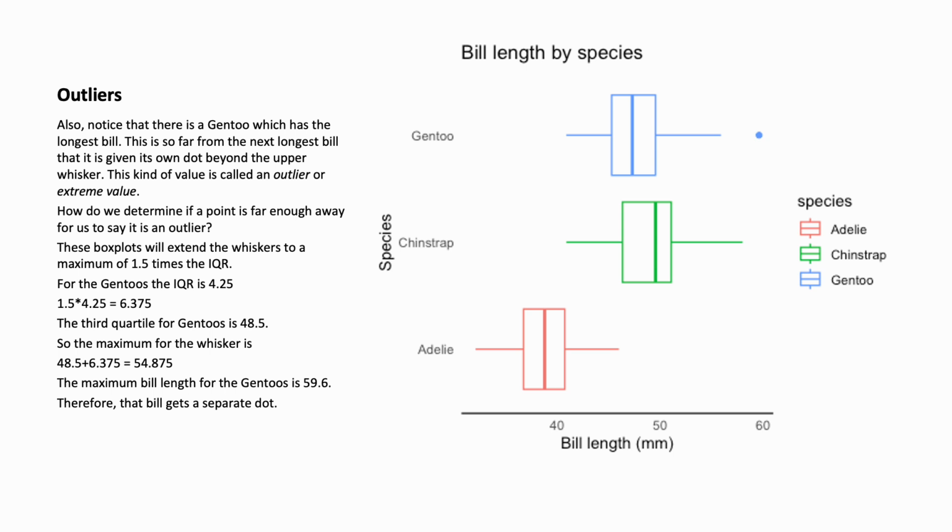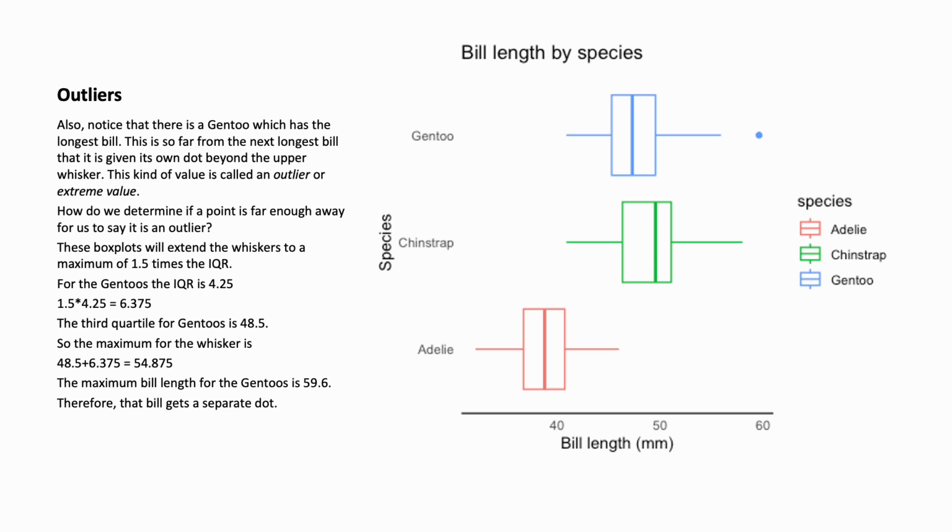On the other hand, the chinstraps also have some similarly long bills in a couple of cases, but their IQR is a little bit bigger and their box is a little bit to the right. So in that case, the high values don't end up producing an outlier.